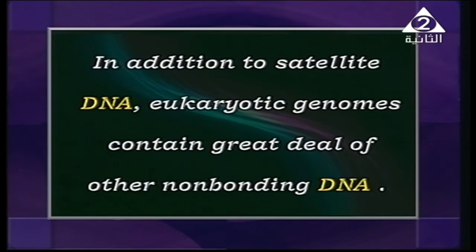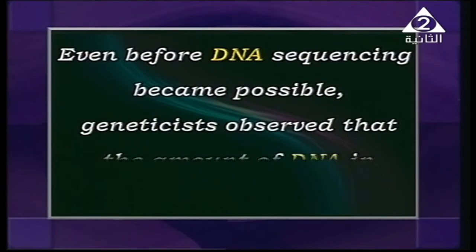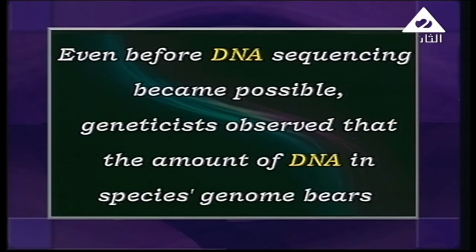Eukaryotic genomes contain a great deal of other non-coding DNA, even before DNA sequencing became possible, I mean before scientists had the ability to study the arrangement of the nucleotides in the DNA.